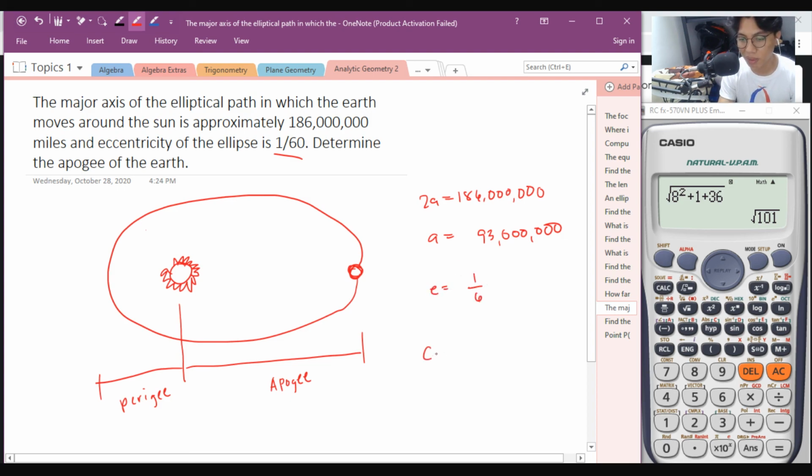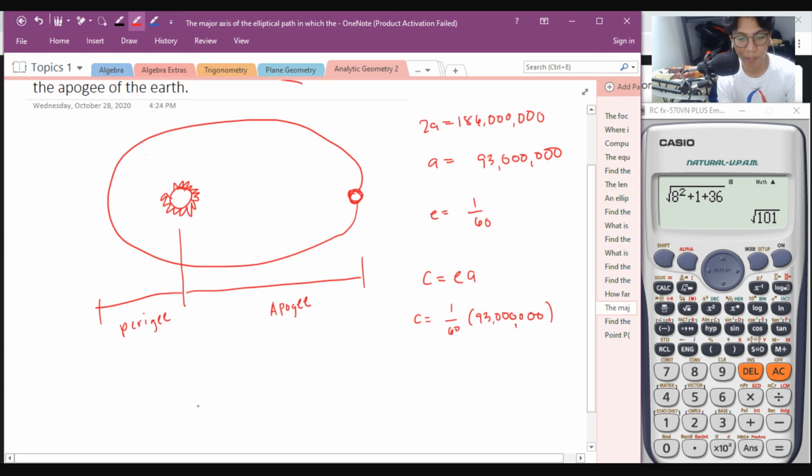Di ba sabi ko, C equals EA. Ito yung length of focus is equal to eccentricity multiplied to semi-major axis. In order to find yung C, that is E, 1/60 times 93 million. What will be the answer? Para makikita natin yung value ni C.